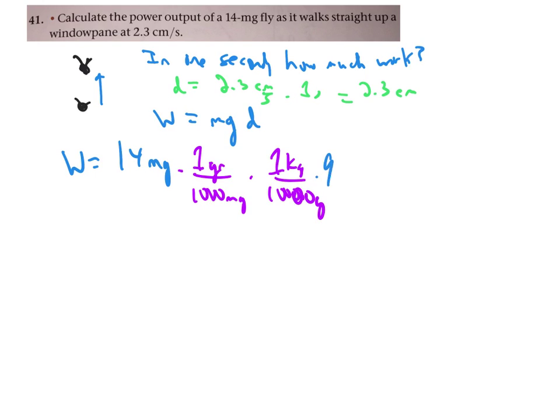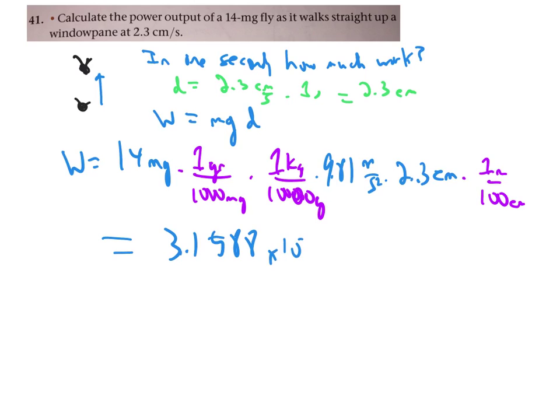And then we multiply by g, and then we multiply by that distance, 2.3 centimeters, but then I need to convert that as well, so I say, well, there's 1 meter per 100 centimeters. And if we put all of that together, we get 3.1588 times 10 to the minus 6 joules.